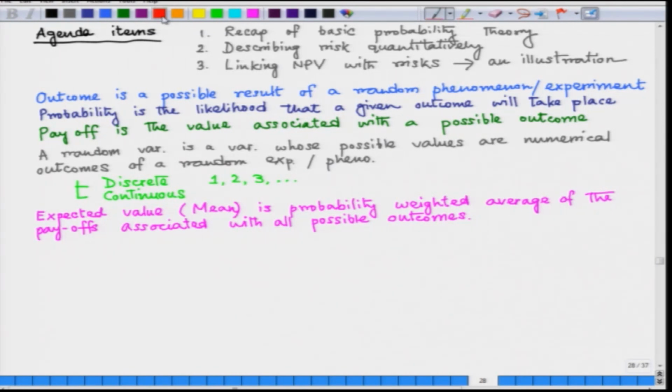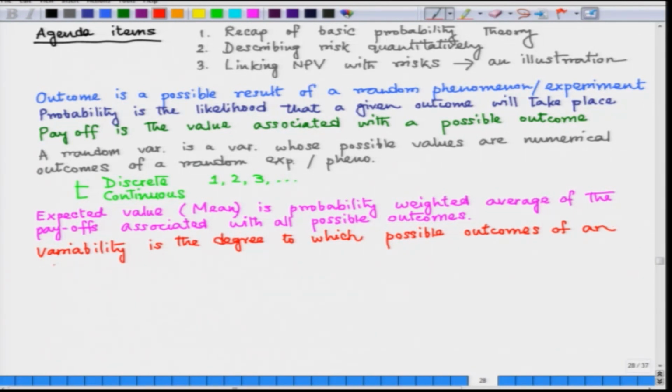Next, we introduce variability. Variability is the degree to which possible outcomes of an uncertain event differ.